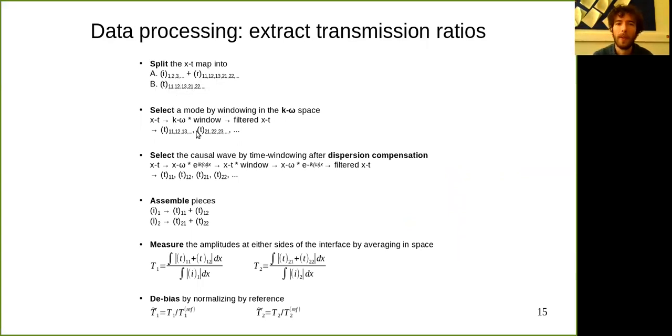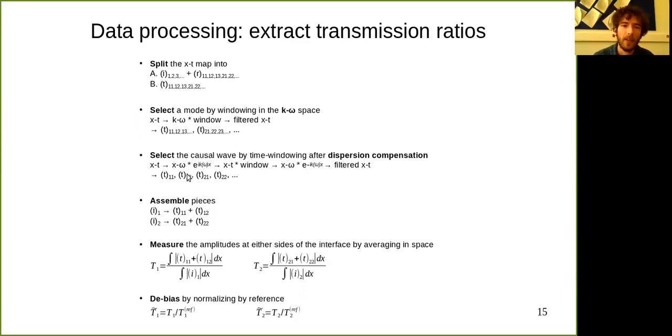On each map, I do a modal selection in the Fourier space, but this is not enough, because this way I cannot distinguish between 1-to-1 transmission and 2-to-1 conversion, for instance. So I have to select the appropriate time arrivals, and I do it after compensating the dispersion. In this way, I can select a transmission 1-to-1, 1-to-2, etc.